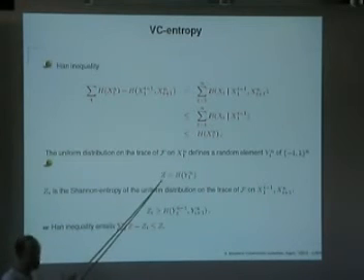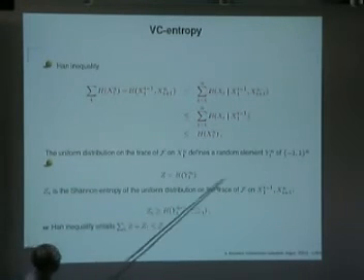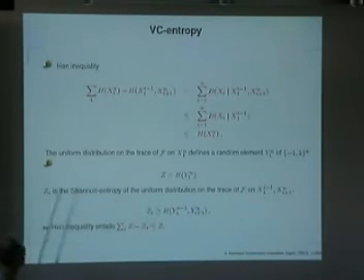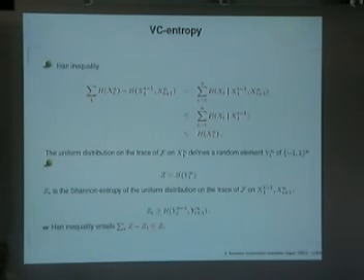So Z is the Shannon entropy of this random vector. And Zi is the Shannon entropy of the projection of this random vector. The projection of this random vector may not be uniformly distributed over its support.